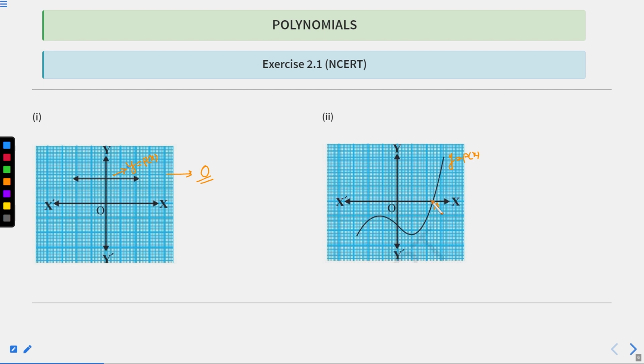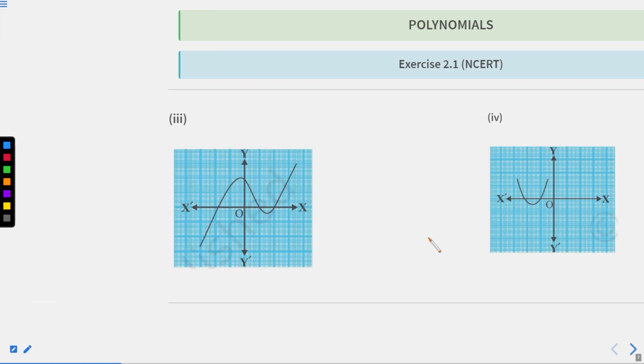The zeros of the polynomial are the x coordinates of the point. Therefore, for the graph y equal to p of x, the number of zeros of p of x is 1.